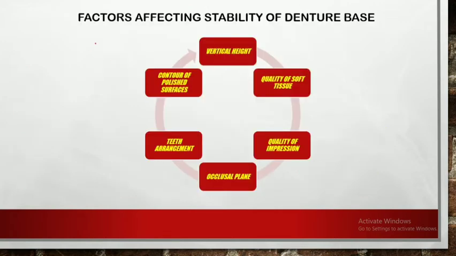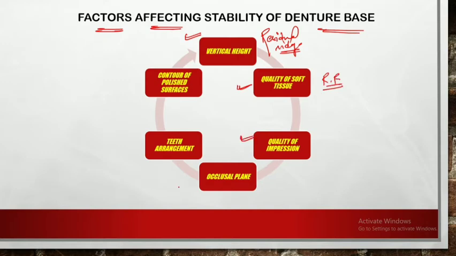Next, what are the factors that are going to affect the stability of the denture base? There are mainly 6 factors. First is the vertical height of the residual ridge. Second is the quality of soft tissue covering the residual ridge, then quality of impression, occlusal plane, arrangement of teeth, and contour of polished surfaces of the denture.